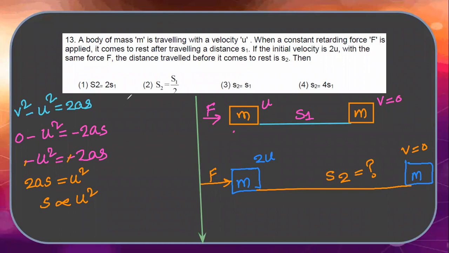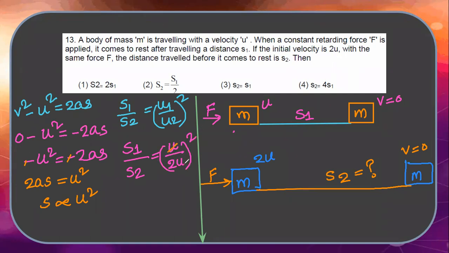From this we will write S1 divided by S2 is equal to U1 divided by U2 whole square. S1 we don't know, so it is taken as S1 only. S1 by S2 is equal to, U1 is U, U2 is 2U, whole square.